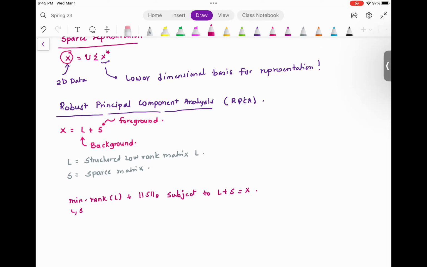Now the question is, how do we solve it? We know that this is the way the problem has to be solved. That does not mean we can solve the problem. It appears that because of this minimum rank and this zero norm condition, this problem cannot be solved. This is called a computationally hard problem. So what we want to do is approximate this problem into a problem that we can computationally solve.